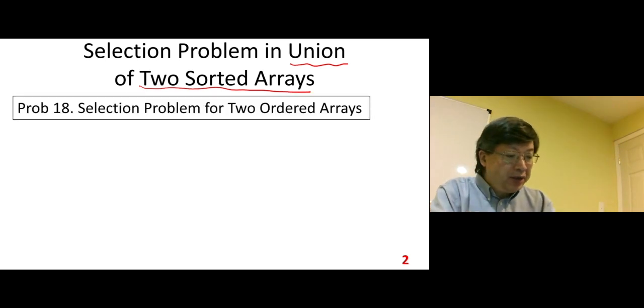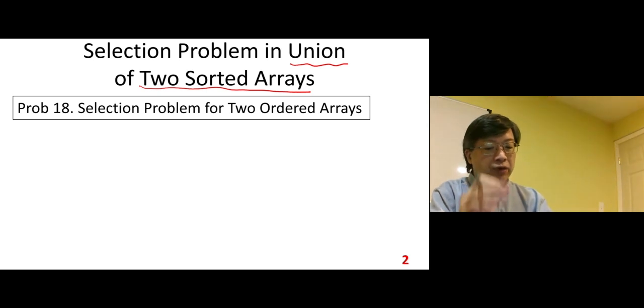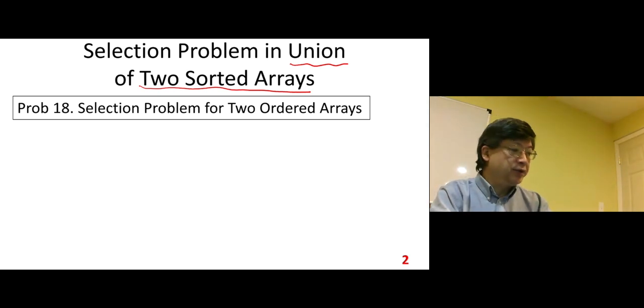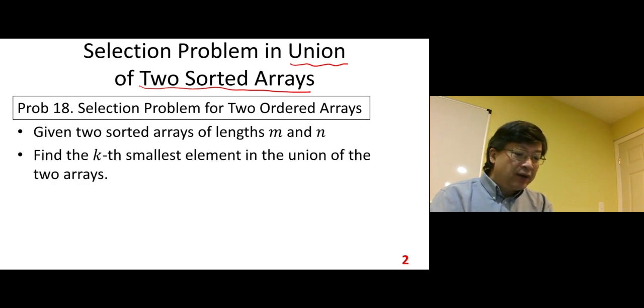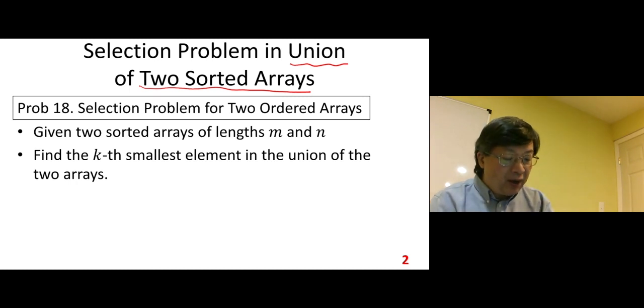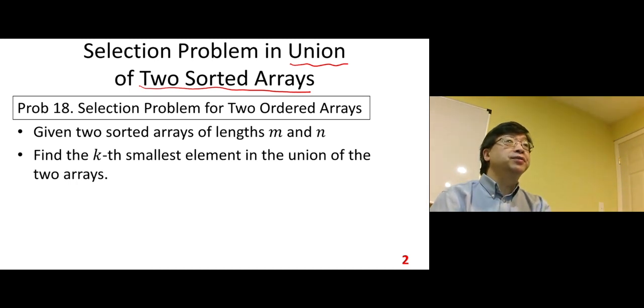Problem number 18. Selection problem for two ordered arrays. Given two sorted arrays of lengths m and n, find the kth smallest element in the union of the two arrays.